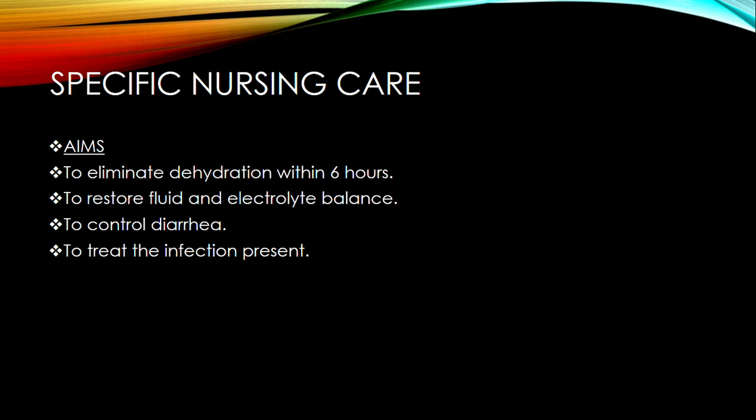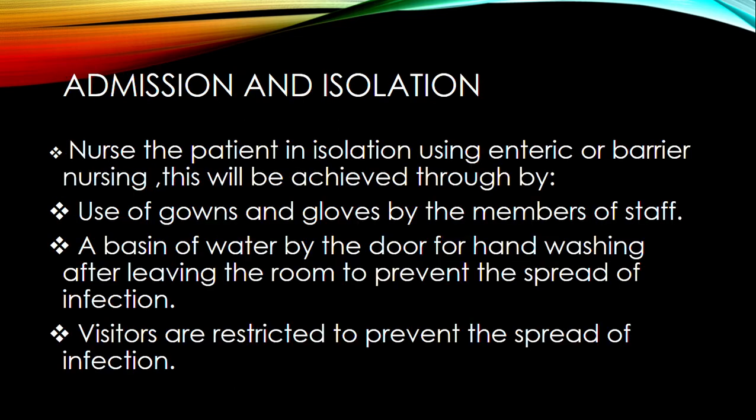First, we want to correct dehydration. Second, we want to restore a normal fluid and electrolyte balance. Third, we want to control the diarrhea. Fourth, we want to treat the infection if present. Those are the aims.